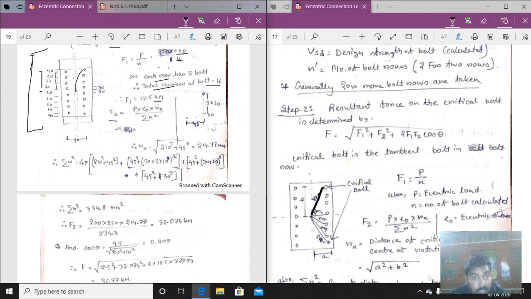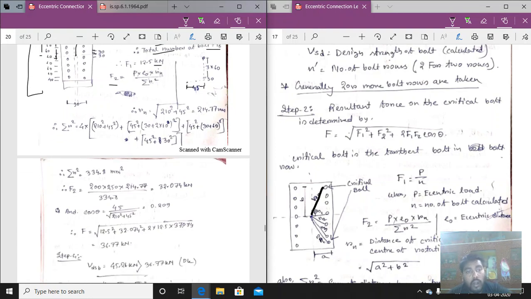So 3 into 60 plus 3 into 60, and from here to here it is 30. This is shown here, because if the total is 60 and the moment rotation center is here, it will be divided in 2 parts, 30 and 30, so that distance is covered. So Rn, putting all the values, we are getting 214.77.